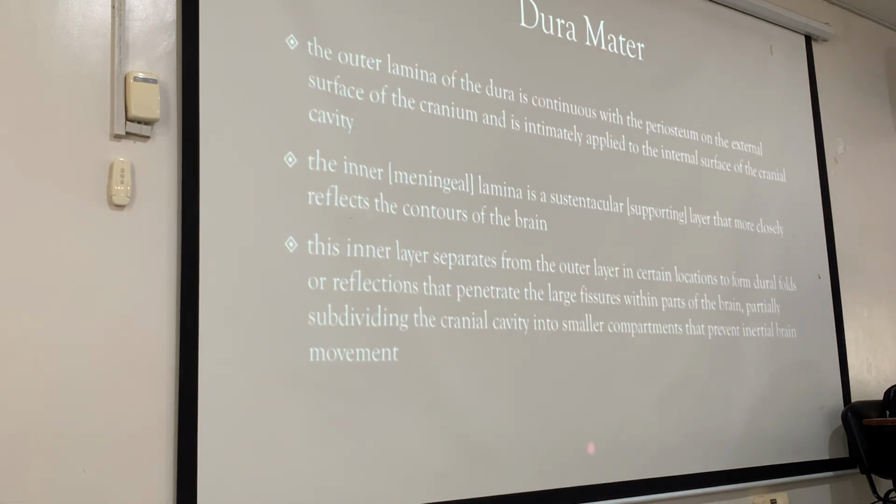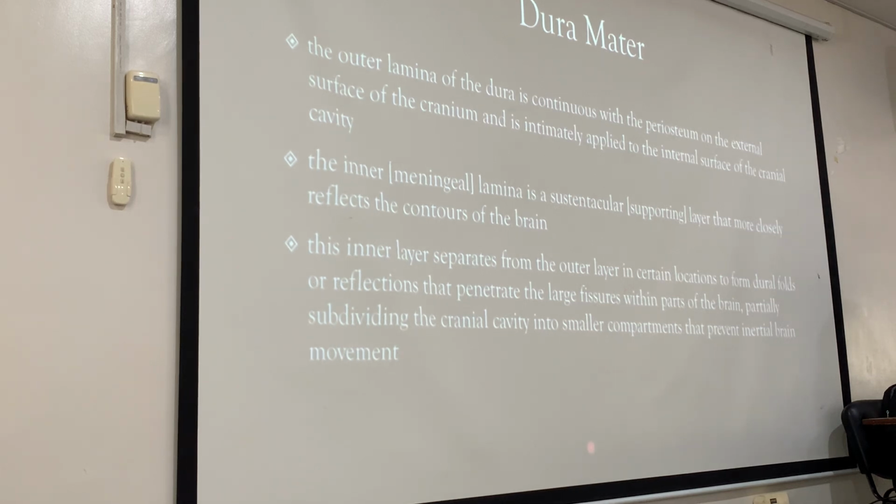So the dura has an outer lamina that is continuous with the periosteum on the external surface of the cranium, and it is intimately applied to the internal surface of the cranial cavity.